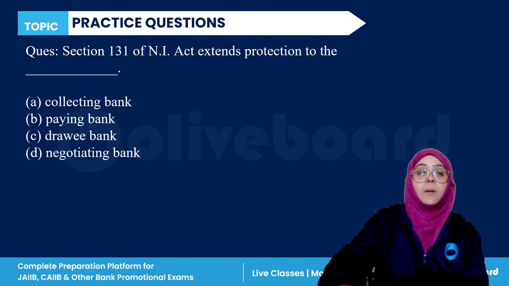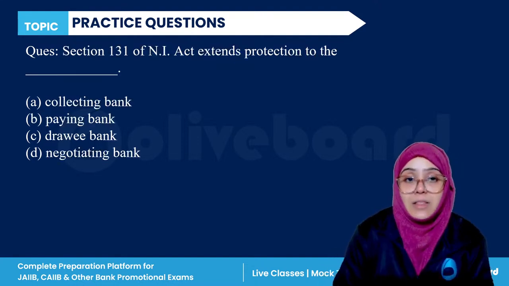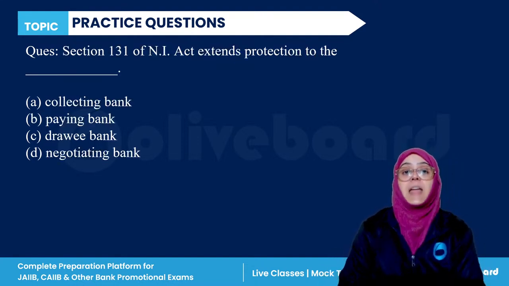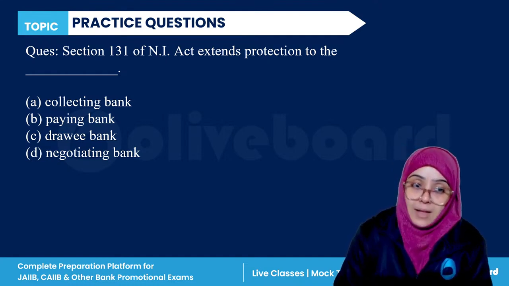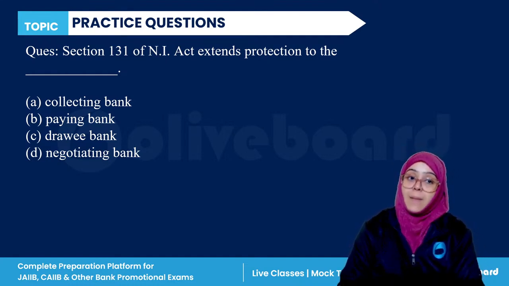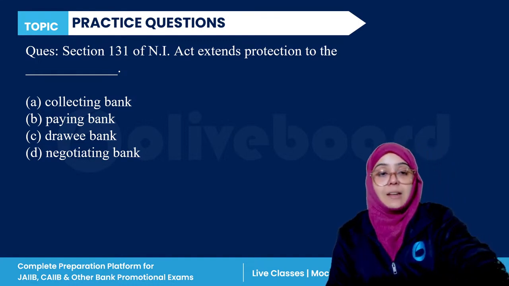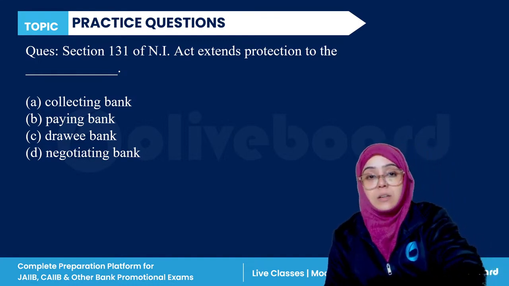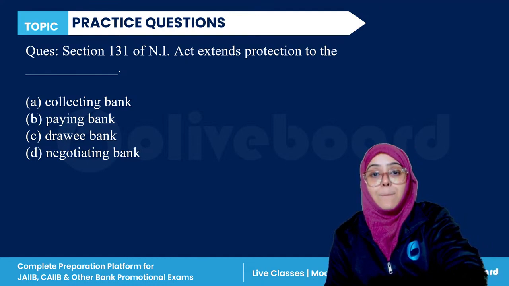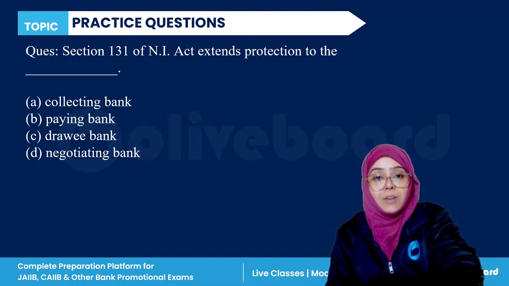Next question. Section 131 of the Negotiable Instrument Act extends protection to dash: collecting bank, paying bank, drawee bank, or negotiating bank. So Section 131 actually gives protection to whom? Everyone, please answer this question.